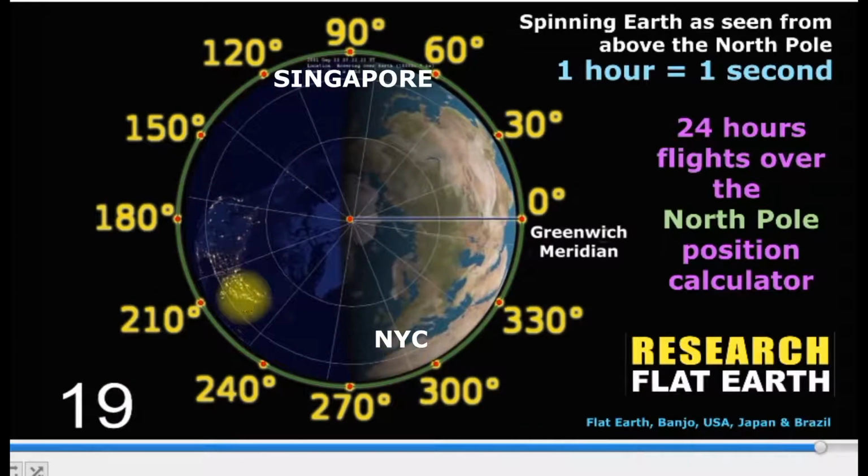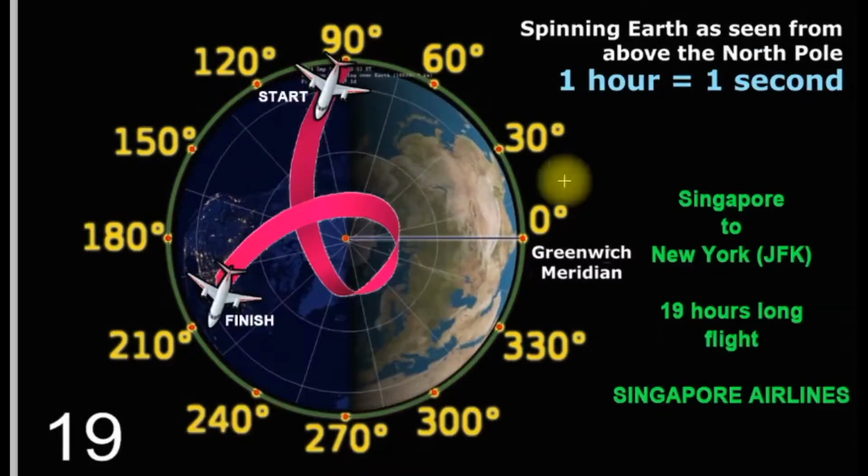Alright, departed here, Singapore, 19 hours long, had to chase New York. This is how this flight route would have to look on the globe the moment the airplane took off, chasing New York while New York was spinning around the globe, to finally land in New York right here after a 19 hour flight.